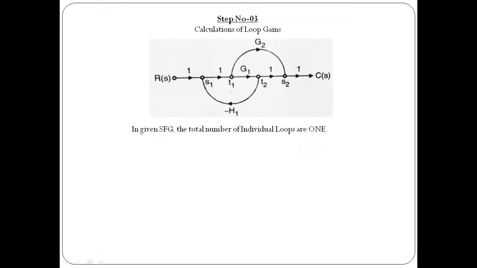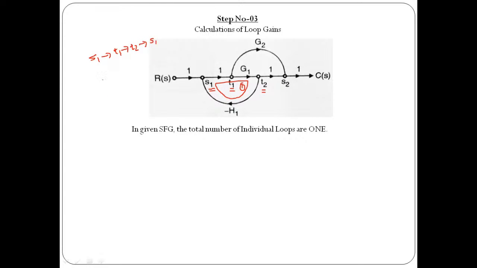The loop is like this: started with node S1, then T1, then T2, and then coming back to S1 again. This will be the first loop.